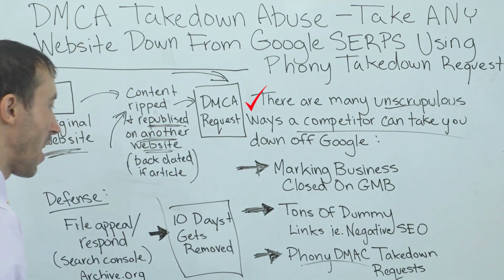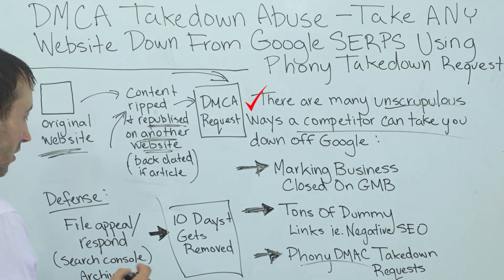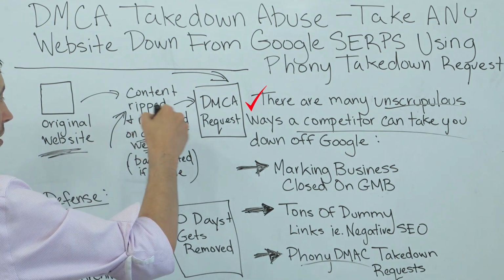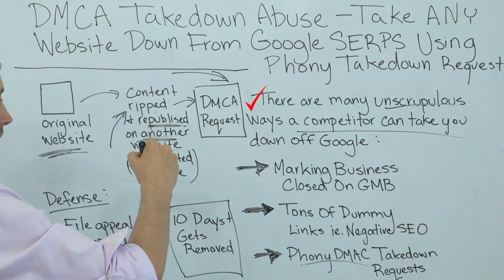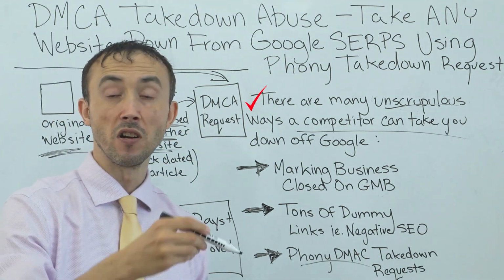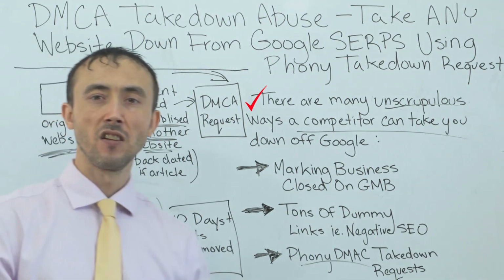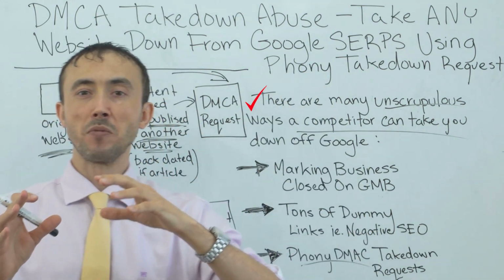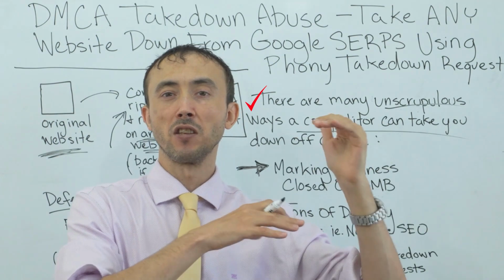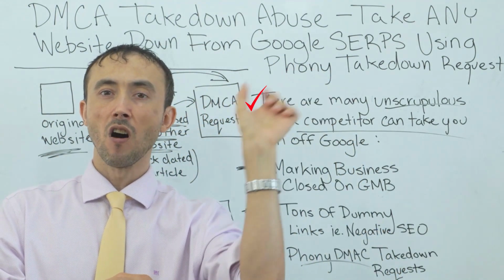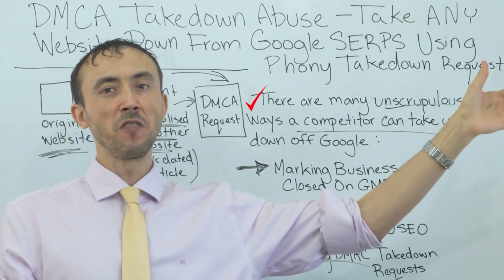Now, that doesn't help you too much necessarily because when they go ahead and copy the content from your website and put it on a website they own or a different website, they're going to try to also backdate the content. So like they'll take the copy on your website, put it on a website they own that looks like a news site, and the date on that article is going to be like from 15 years ago.